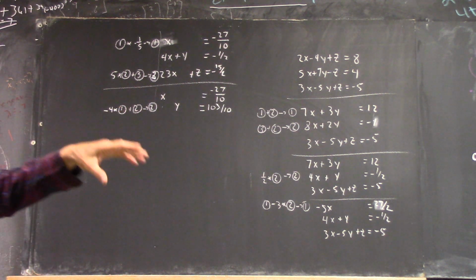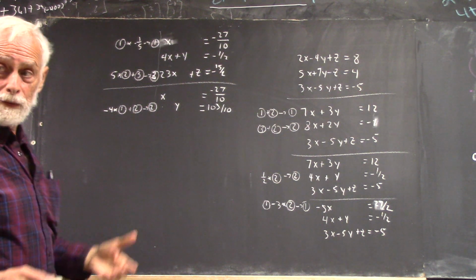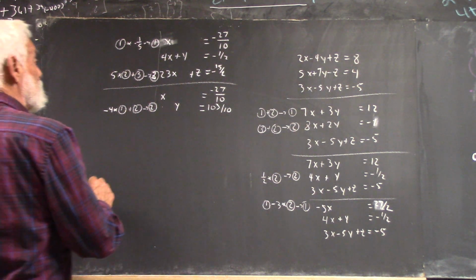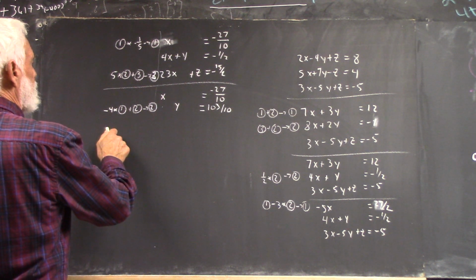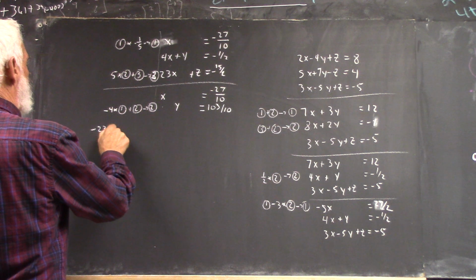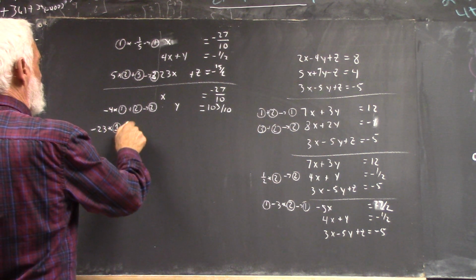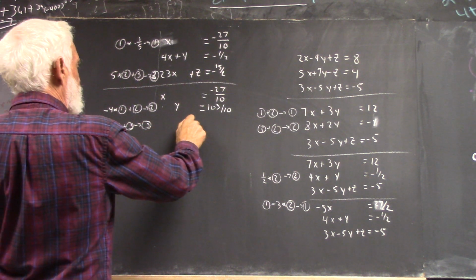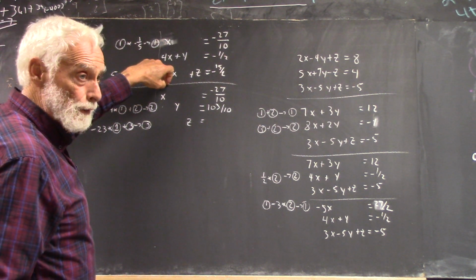But you don't have to do these in your head. And usually the numbers won't be that nasty. They're not really that bad. It's pretty simple denominators. But then I've got to add -23 times this to this, right?